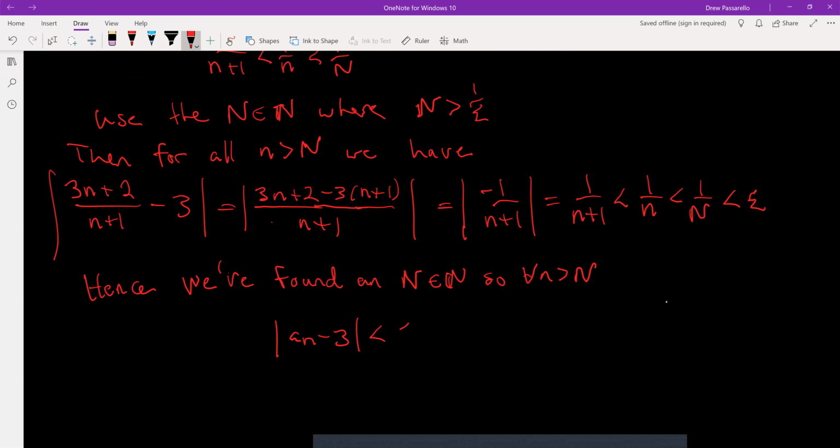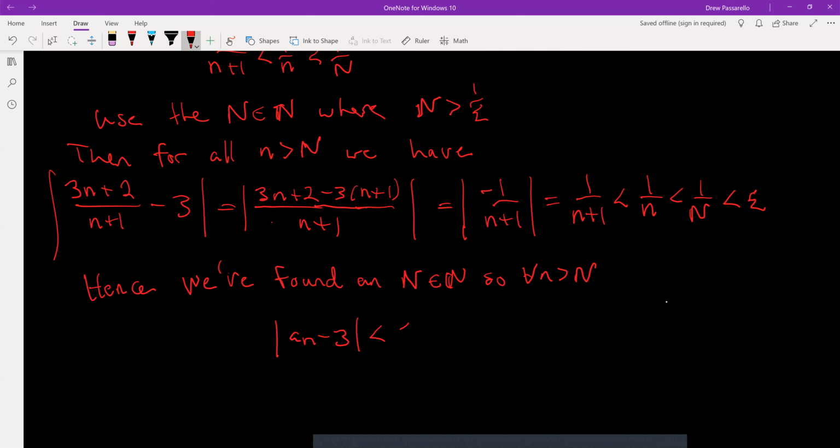All right, so we're going to use this particular capital N in the natural numbers where it's greater than 1 over epsilon. Then for all little n bigger than capital N, we have the following string: the absolute value of 3n plus 2 over n plus 1 minus 3 is equal to negative 1 over n plus 1, which, after you take the absolute value, is positive 1 over n plus 1.